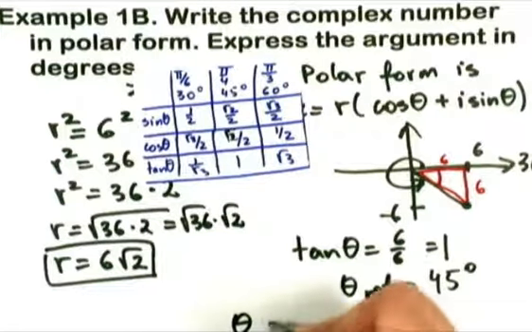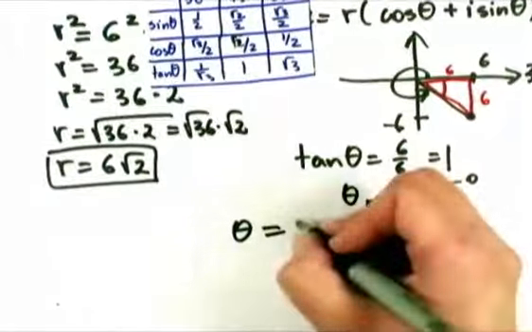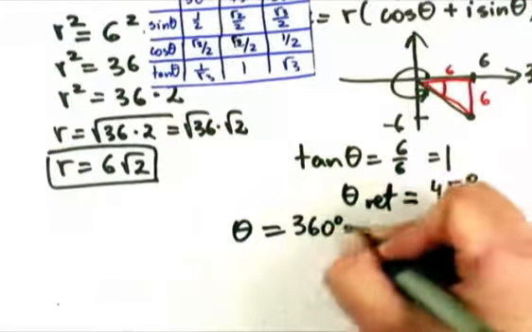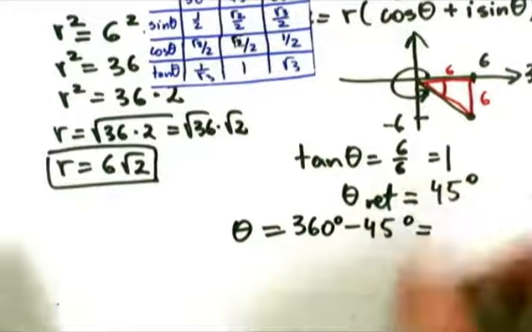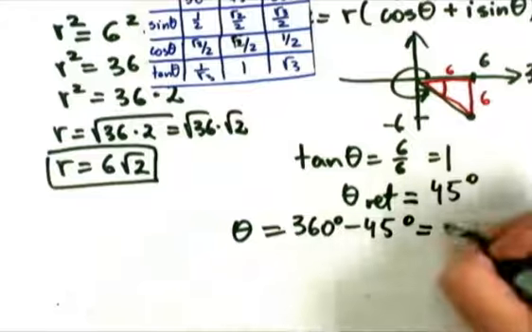So my theta is equal to 360 minus 45 degrees, which gives me 315.